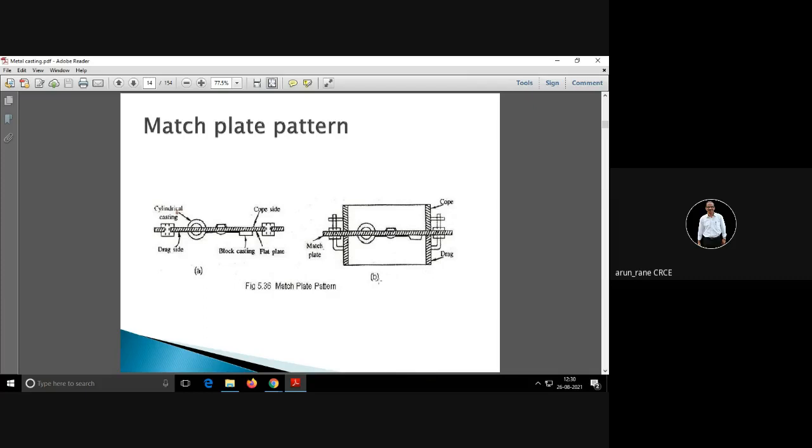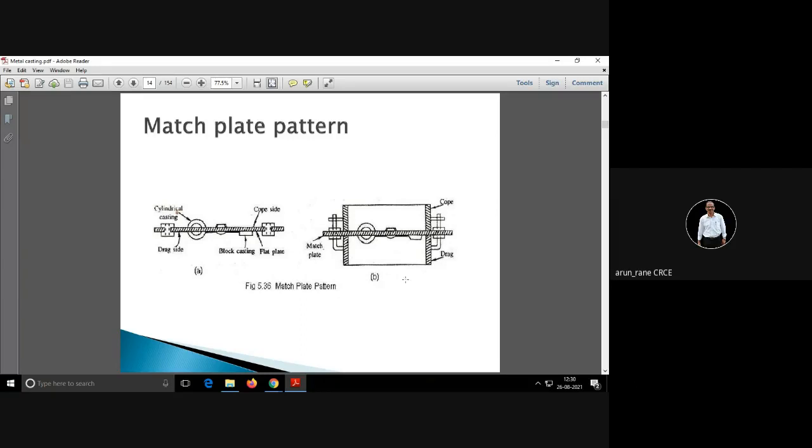But these questions will be very rare, because we will give you freedom to describe your own pattern. Because if the question is asked like describe match plate pattern, then you need to study all the 10 patterns because you don't know which pattern will be asked. But if you have been given a choice that explain any one pattern, then you are happy.